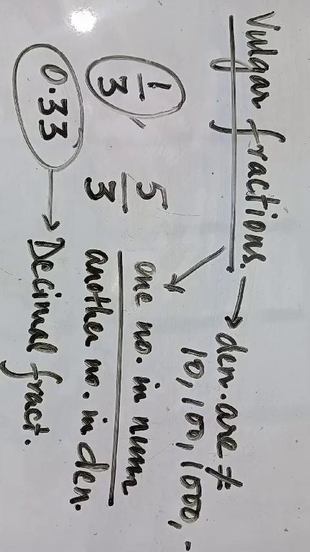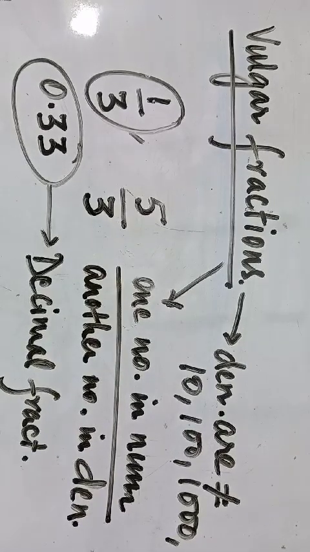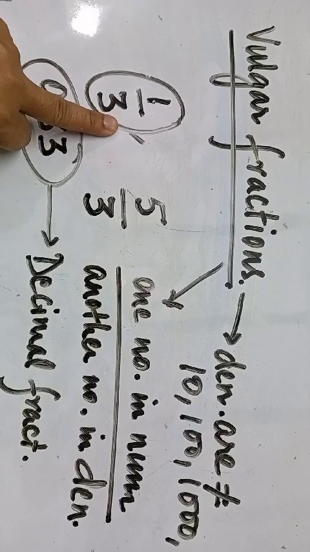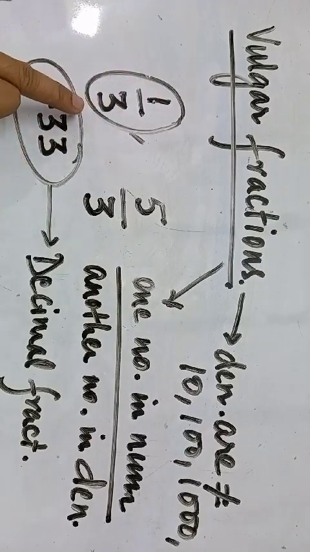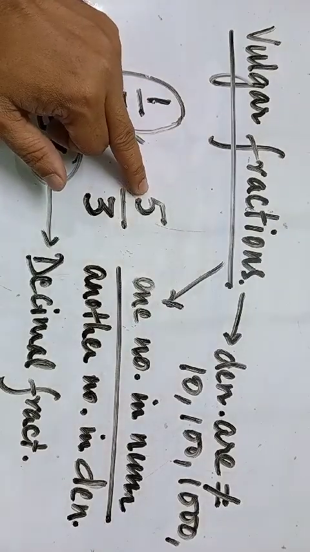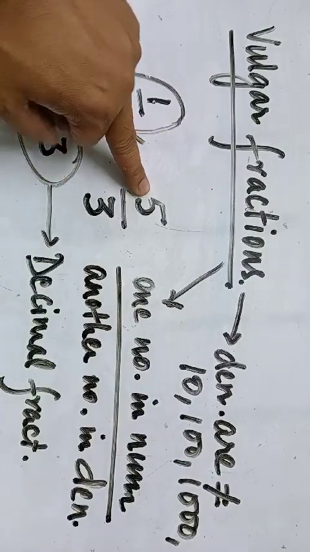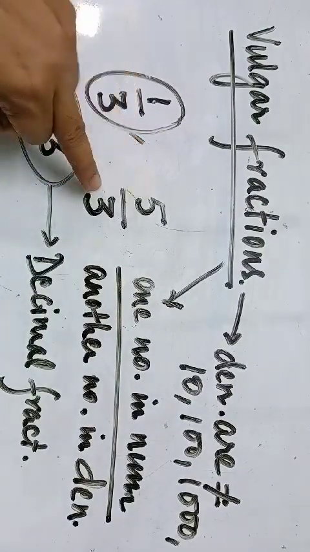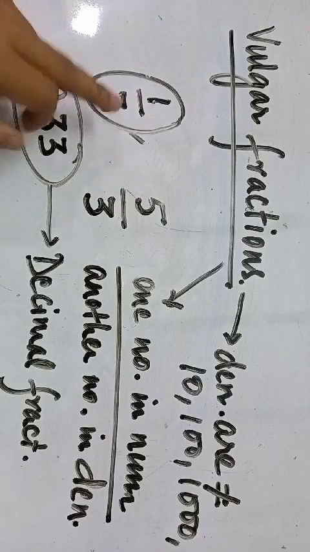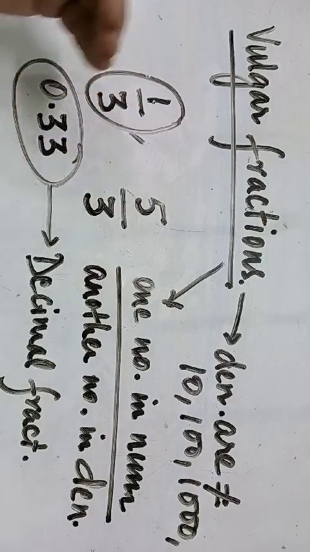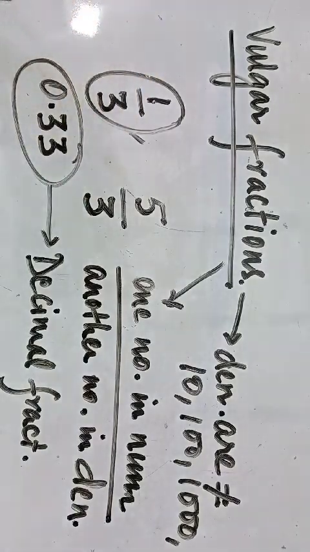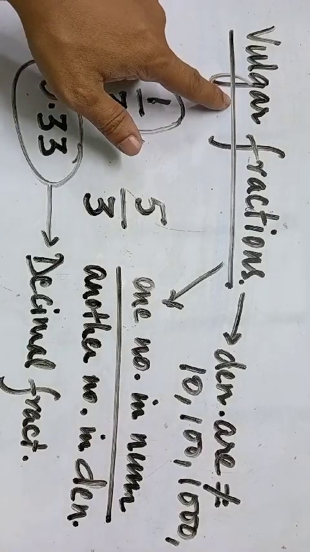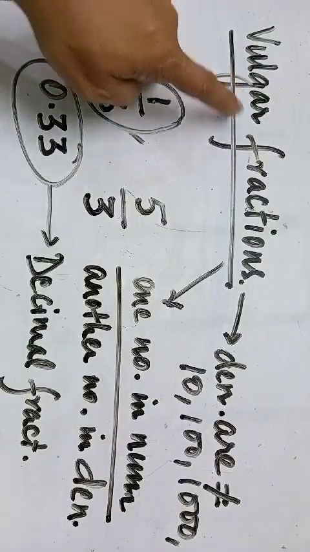So if somebody asks you a question, let's say that this was a proper fraction, because the numerator was lesser than the denominator. This was an improper fraction because the numerator was more than the denominator. So both are fractions and they have different names. But can both of them have a generic name also? The answer would be yes, and that answer would be vulgar fractions.